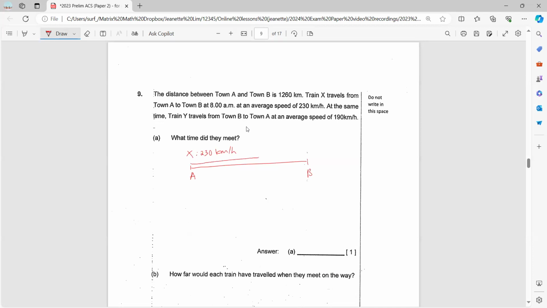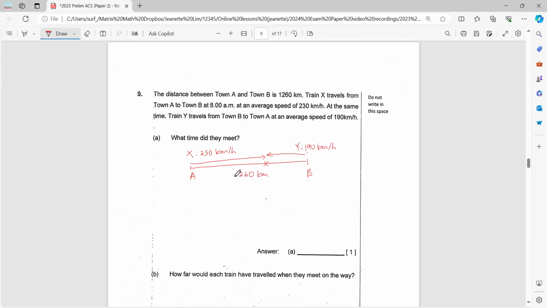X is faster than Y. So Y is 190 km per hour in this direction, and they will meet along the way. What time did they meet? This whole distance is 1260 km. Is that the total or the difference?